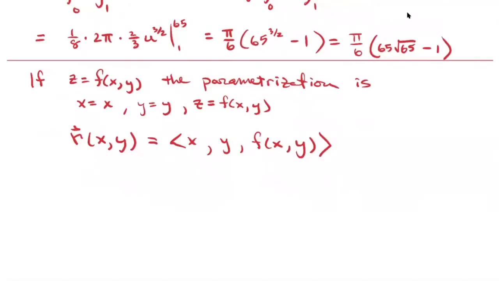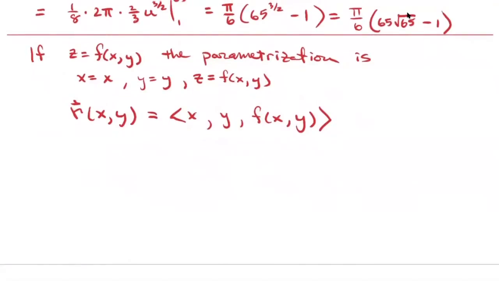Now I want to go ahead and do dS as a vector and a scalar. So dS, the vector, is going to be r_x cross r_y. You just do both partial derivatives and do the cross product, and then I'll have a dy dx like that. You can call that dA if you like. Now I was referring to this thing as sort of a Jacobian. It is, but I'll just let that ride for now.